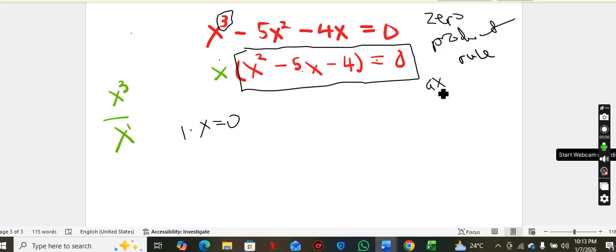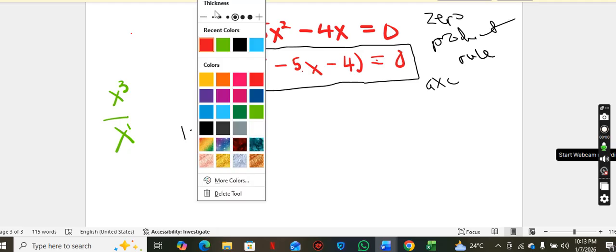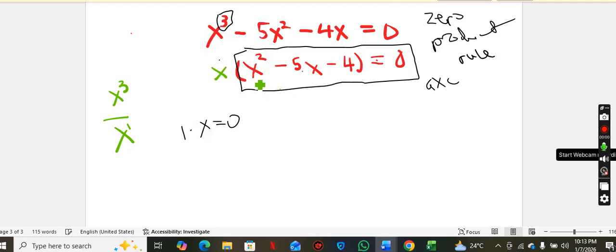First multiply a times c. Colleagues, what I mean when I say a times c: a is the coefficient of x squared, b is the coefficient of x, and c is the constant.